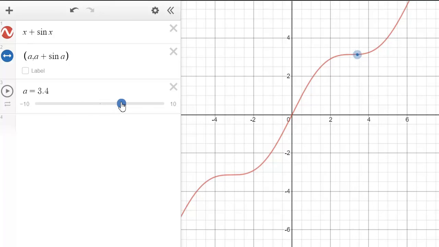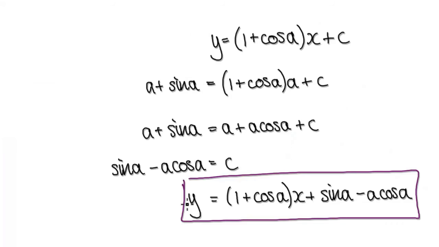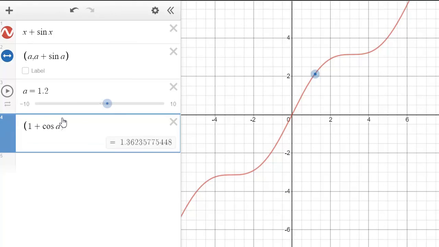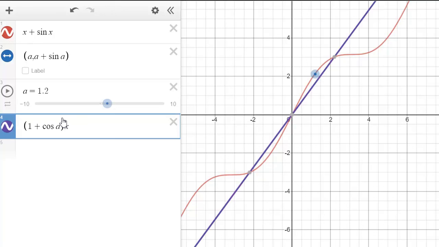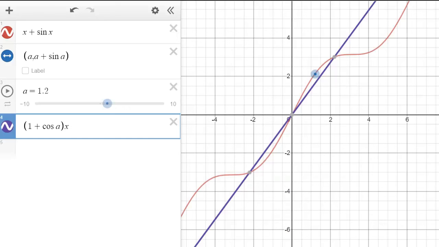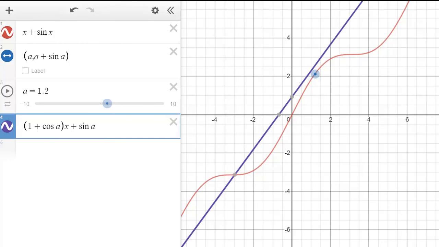So now we need to come up with the equation for the tangent line. Well, the tangent line is given by this thing here. So we just need to punch this in. So that would be bracket 1 plus cos a, close bracket, x, and then our intercept is plus sine a minus a cos a.